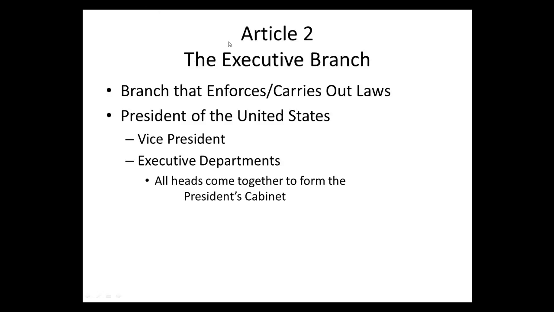Let's move on. Oh, by the way, executive departments divide the president's job up. Those are departments. Foreign affairs, that's part of his job. Well, you got the State Department. National finances, that comes under the president's job.